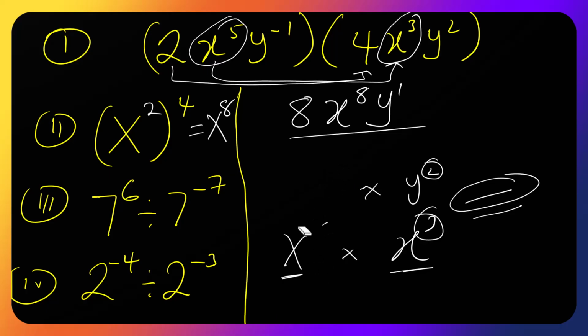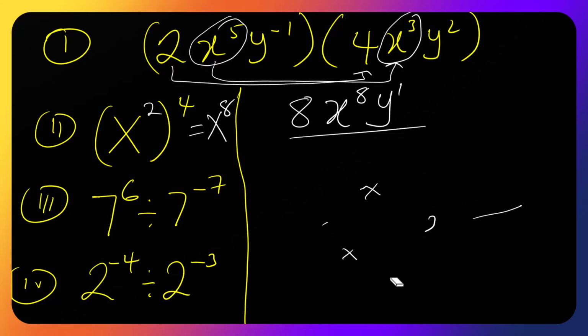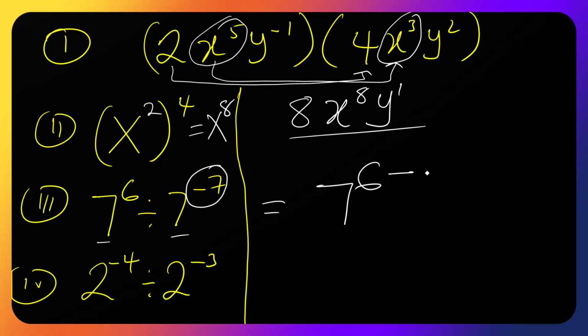And the third one, 7 exponent 6 divided by 7 exponent minus 7. Let's take the bases. You have 7 here, 7 there. You have 6 minus. Be very careful here because we have minus here already. So 6 minus.